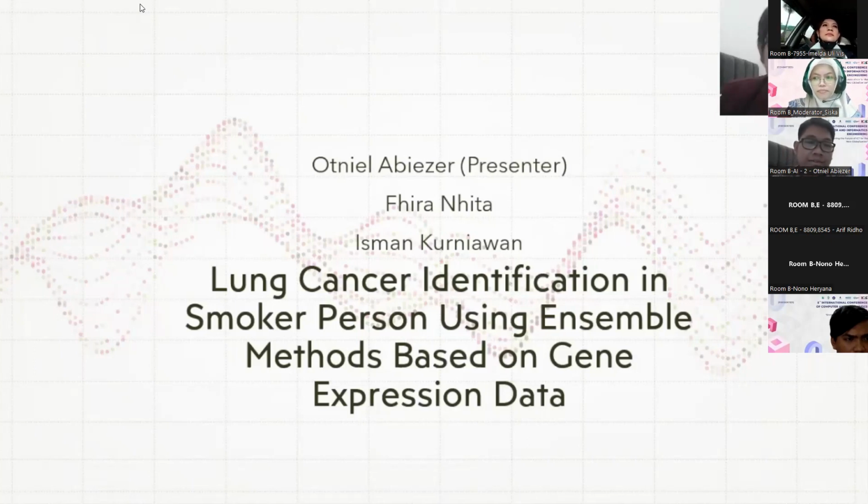For lung cancer identification, we can classify it as cancer or not cancer, in two classes only, and it is specific to lung cancer only. Not the stage, but just whether he or she has cancer or not.